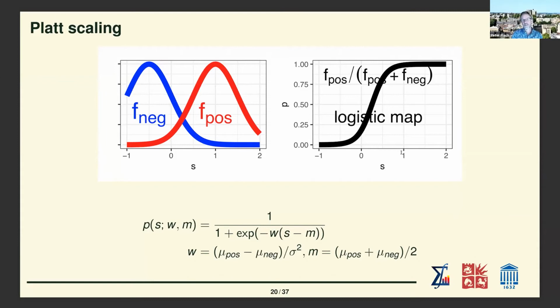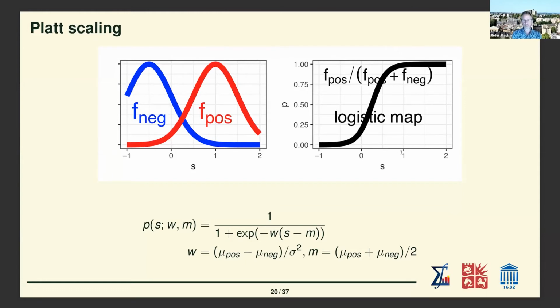This is under the assumption that the two normal distributions on the left, because that's what they are, have equal variance. We don't have to assume that, but if we assume that they have unequal variance, then our calibration map on the right will become non-monotonic.